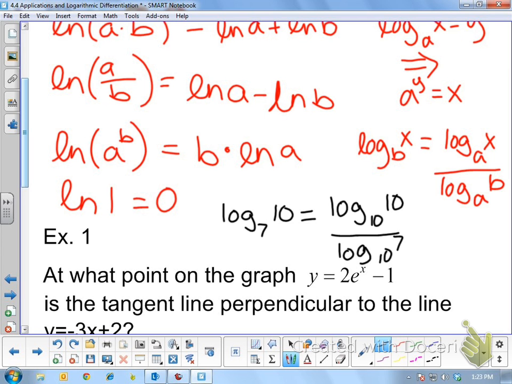And those are actually the same thing, and usually the sole purpose of change of base is to be able to plug it into a calculator. That's why I say we might not use this much, but it's still good to have in our back pocket. Or what if I wanted to use natural log instead, natural log of 10 and natural log of 7. All three things, if I plug them into a calculator, would be the same decimal. I could say log base 1 million of 10 divided by log base 1 million of 7.